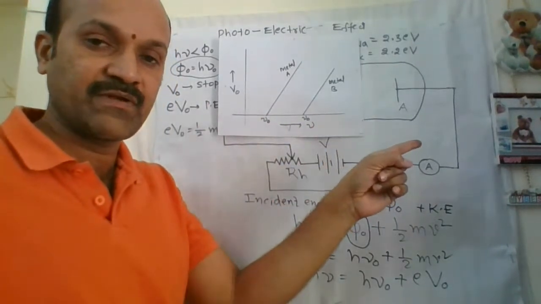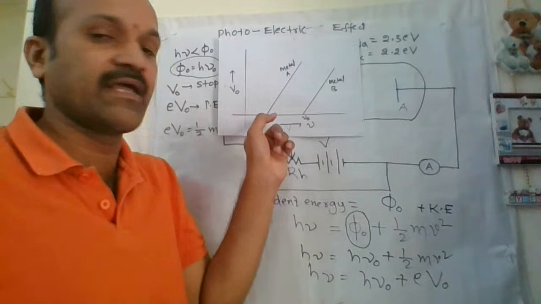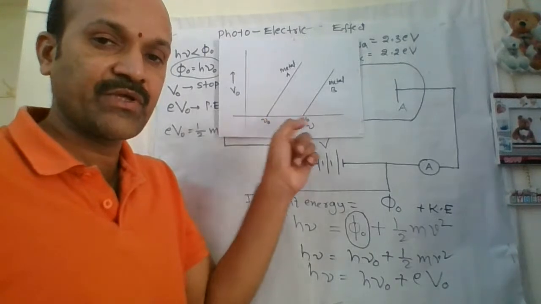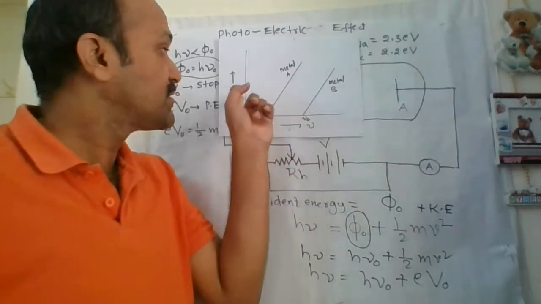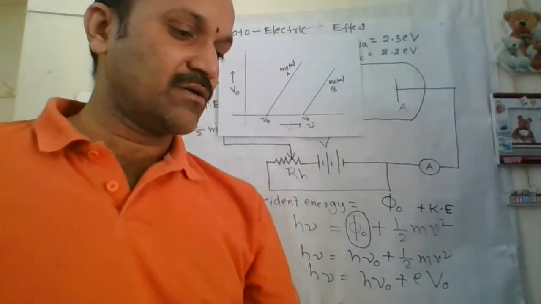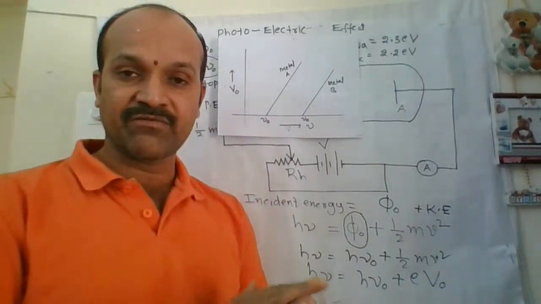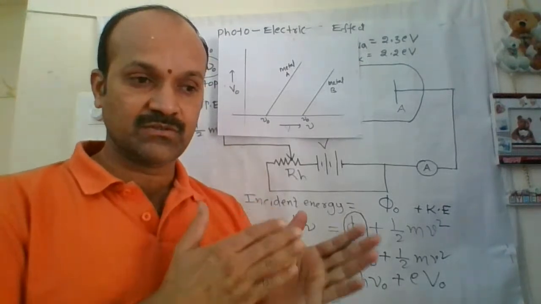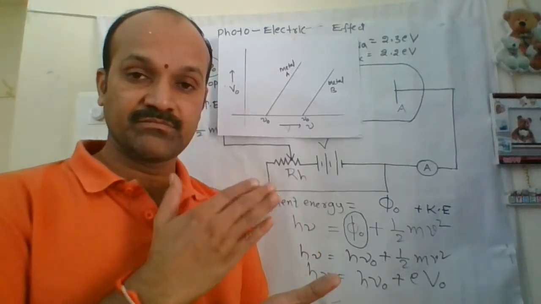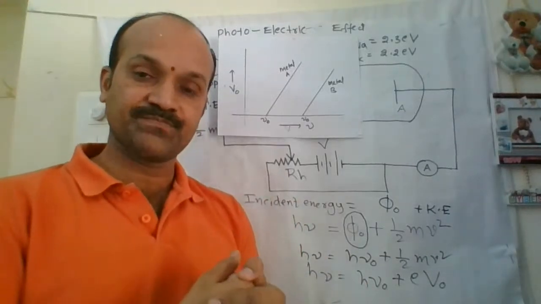If you keep on increasing the frequencies, then for different metals, if you take any metal A, it has the same threshold frequency. If you keep on increasing frequency, the stopping potential also increases. This is the graph you have. I think you got some clarity in the photoelectric effect: how potential is varying, how work function is varying, how these parameters vary with intensity.